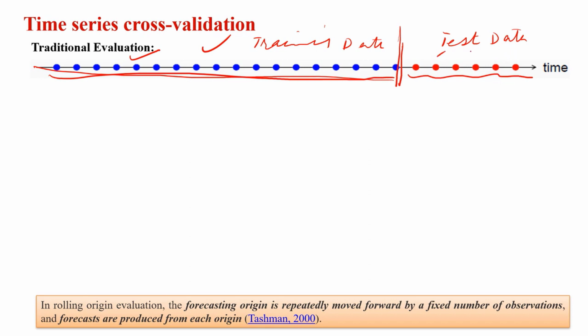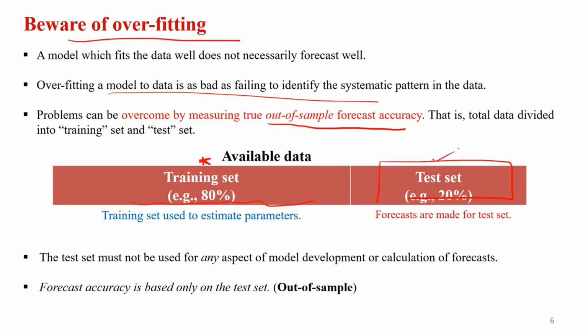Using this data set, we are going to calculate the different measures of accuracy, such as root mean square error: against this value we get the forecasted value, and then we calculate the error value. Then we find the different measures, such as root mean square error, mean absolute scaled error, and so on, and based on that we select the best method. This is called out of sample forecast accuracy to select the better model.